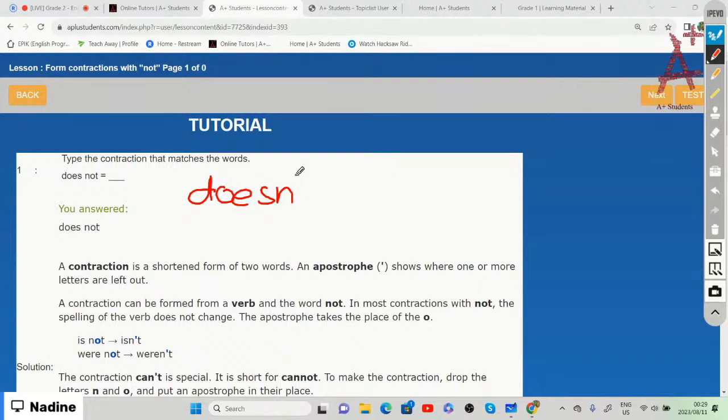Does stays the same, and for not, we remove the O and put the apostrophe in place of the letter that was left out, which is the O in not. So does not means doesn't.